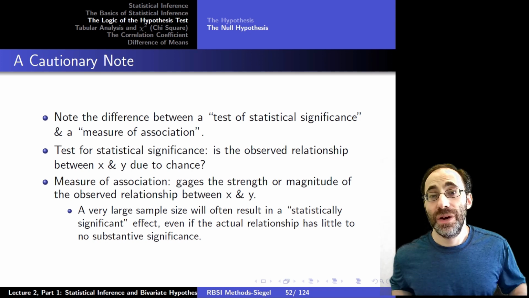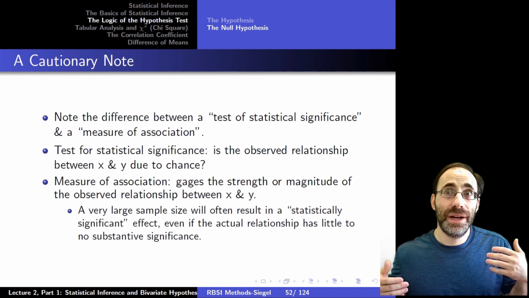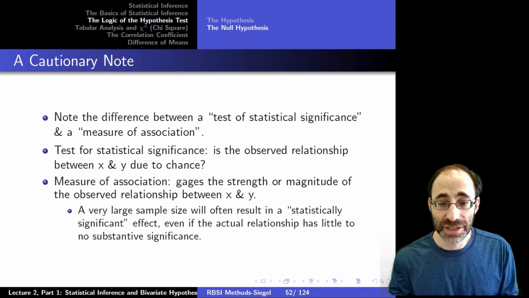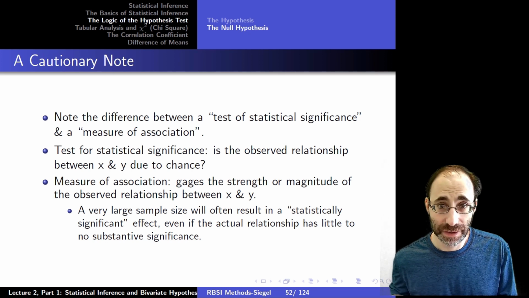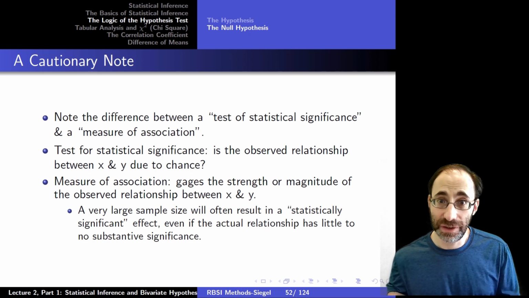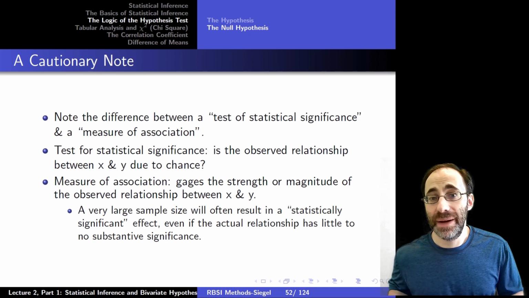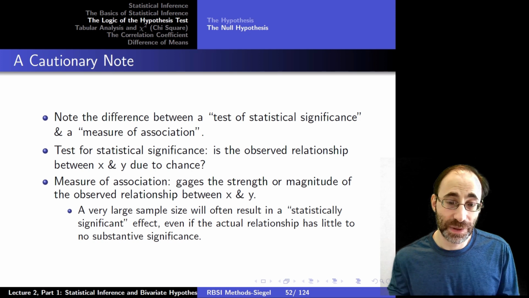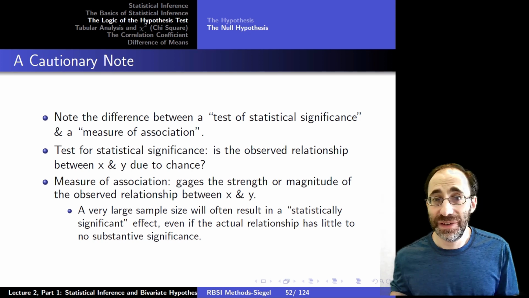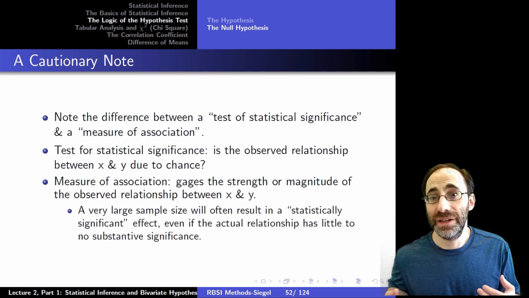Associational measures test substantive connections. If you have a very high correlation between two variables, so they move together very strongly, then you might think there's a very strong relationship between the two variables, even if it's marginally significant.